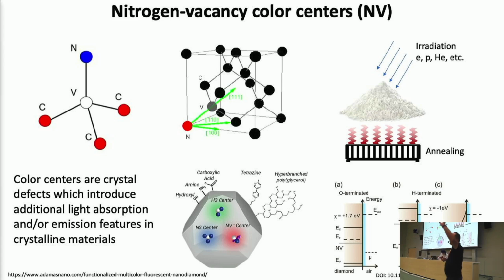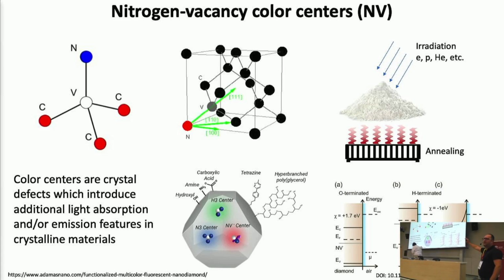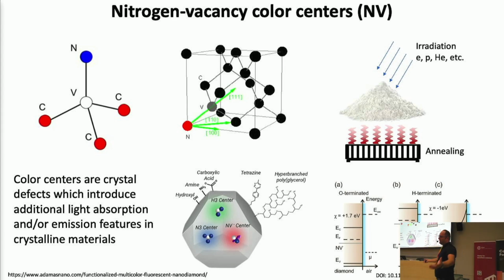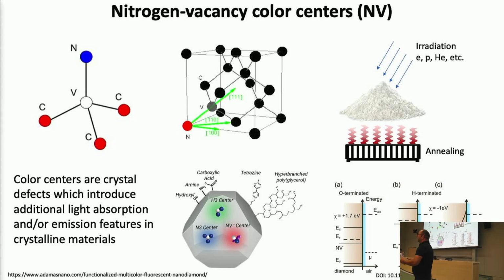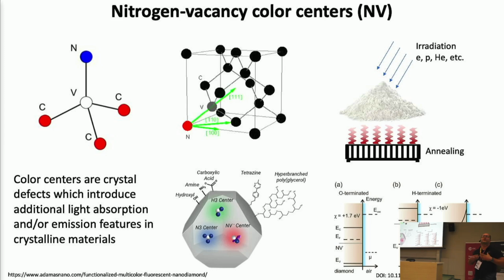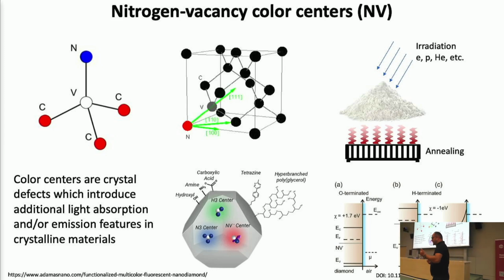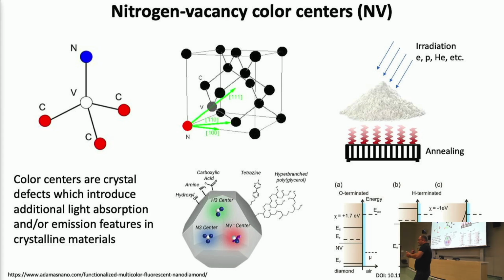Of course, we have nitrogen and we have vacancy. What is the probability they are touching? Very small. So what do we do? We anneal, and then the vacancy moves a little bit, attaching exactly to the nitrogen, and then we create our color centers.